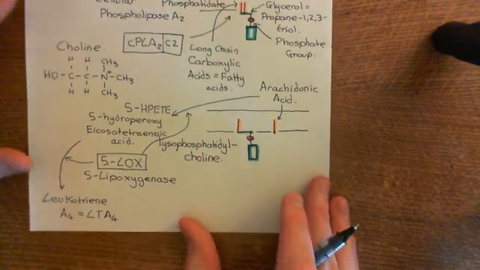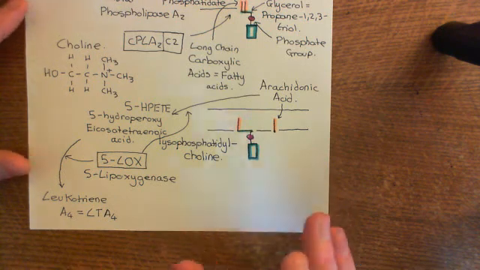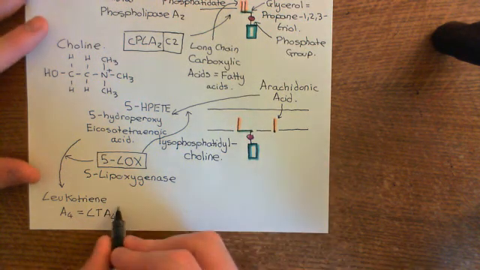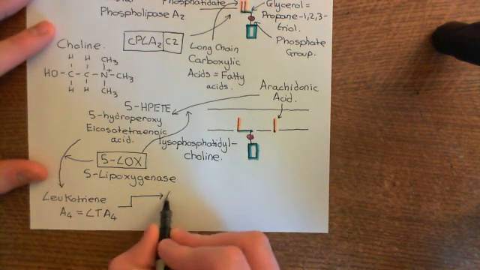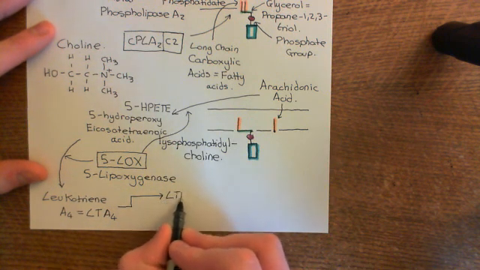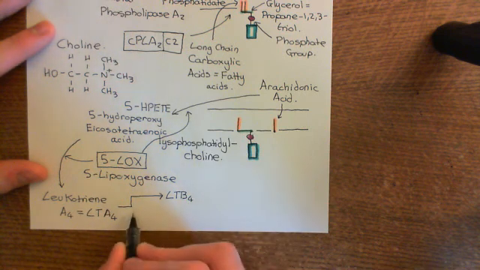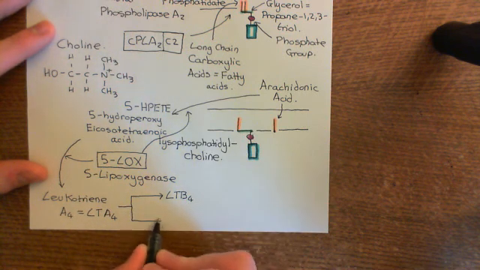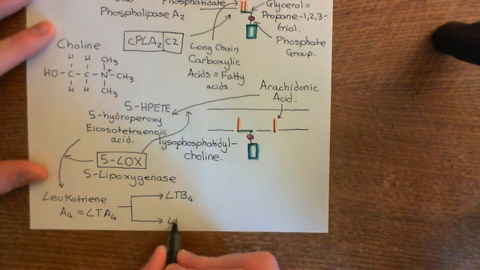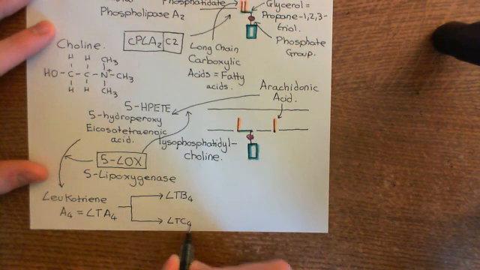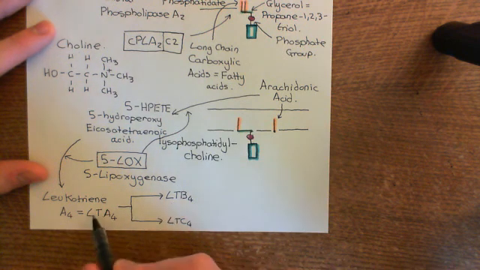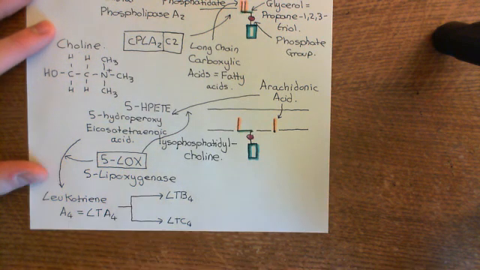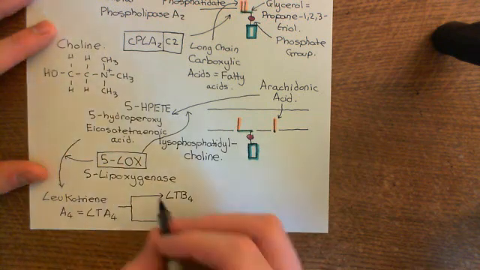Right. So, leukotriene A4, once it's in the cytoplasm, can go down one of 2 pathways. Either it can be converted into leukotriene B4, or it can be converted into leukotriene C4. So let me tell you the enzymes, which are both in the cytoplasm, which catalyze the conversion of leukotriene A4 into leukotriene B4, and then the enzymes which convert leukotriene A4 into leukotriene C4.